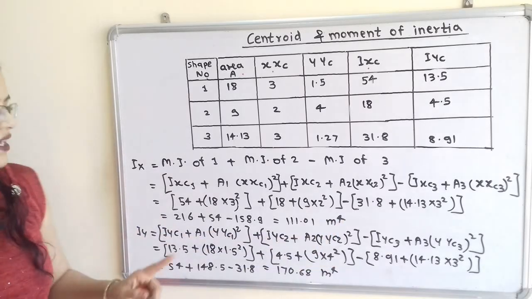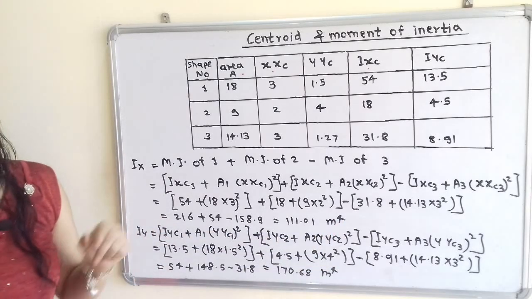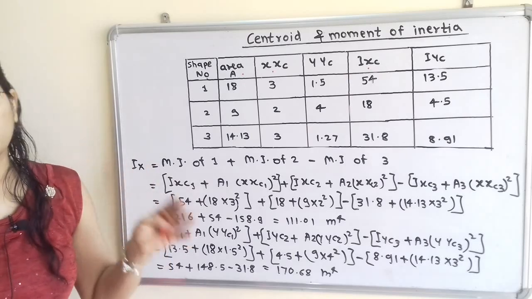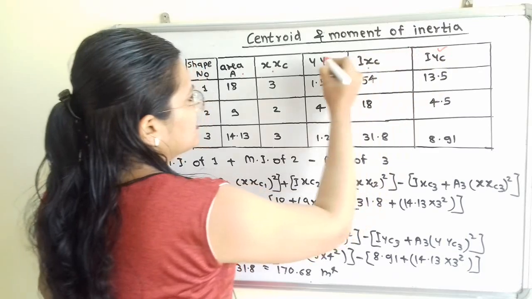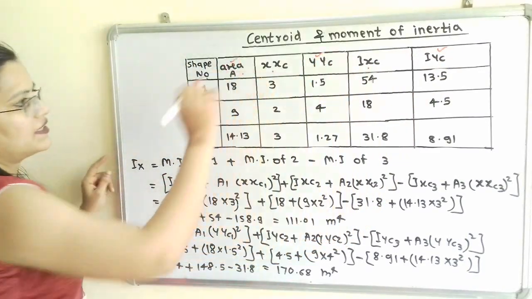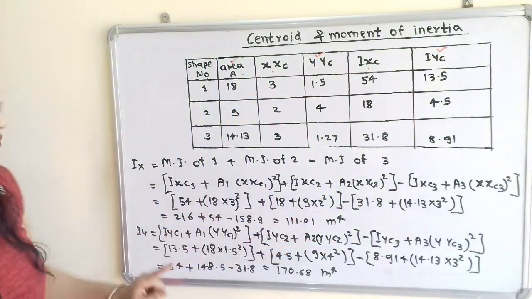In the same way we move to Iy, the moment of inertia along the y-axis. So we will use the columns Iyc, y minus yc, and the area. We write the formula.